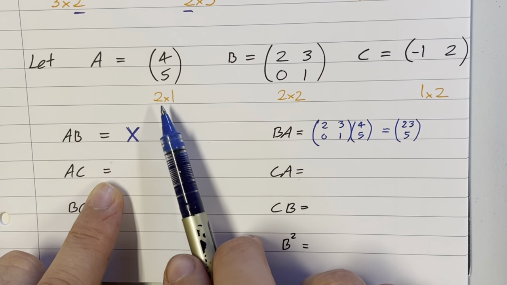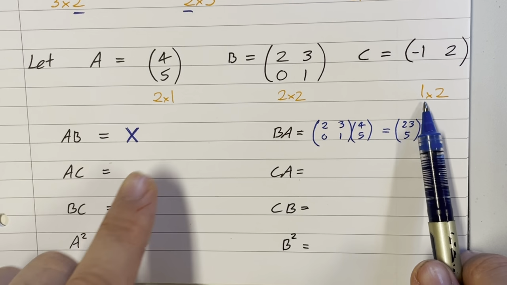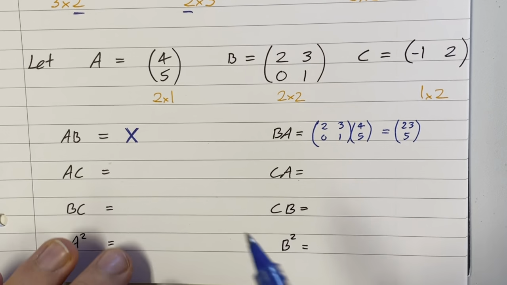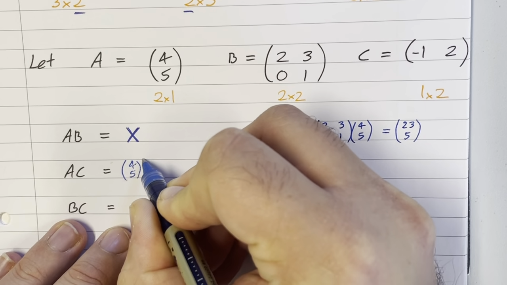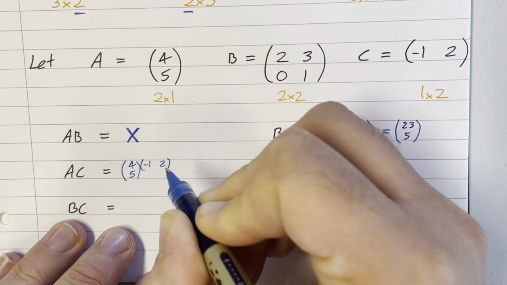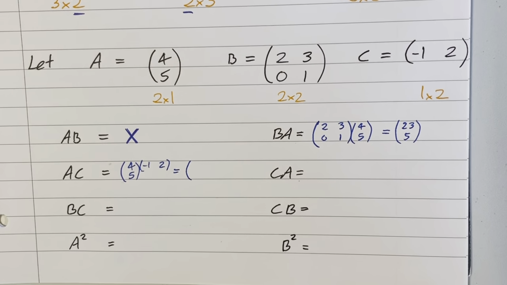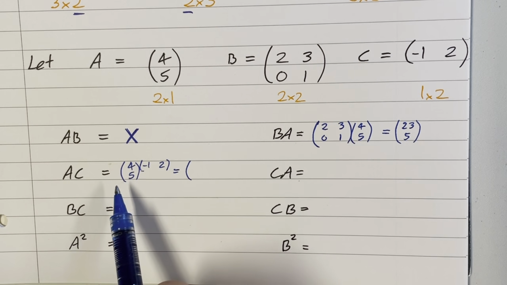Okay, so that matrix product was possible. AC. We're going to have 2 by 1 times a 1 by 2. The ones match, so therefore this is possible. So let's carry it out. We're going to have 4, 5 multiplied by minus 1, 2. The output of this is going to be 2 by 2. It's a bit odd, this one, but just stick with that rule which I gave you.